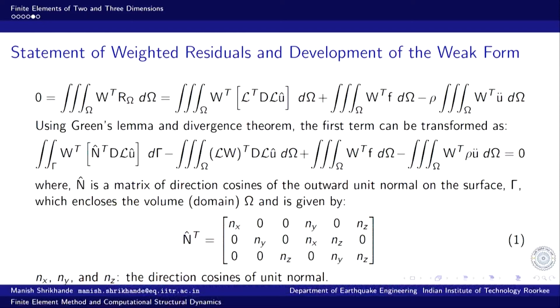The boundary term is just the weighting function. So, we substitute the unknowns of the problem in the weighting function term on the boundary term, and we get the primary variables as u, v and w in place of w x, w y and w z.